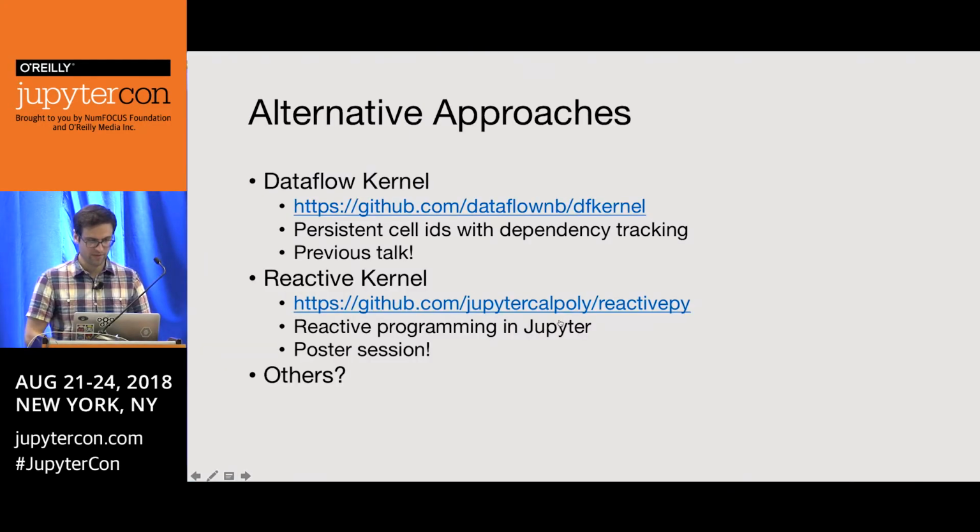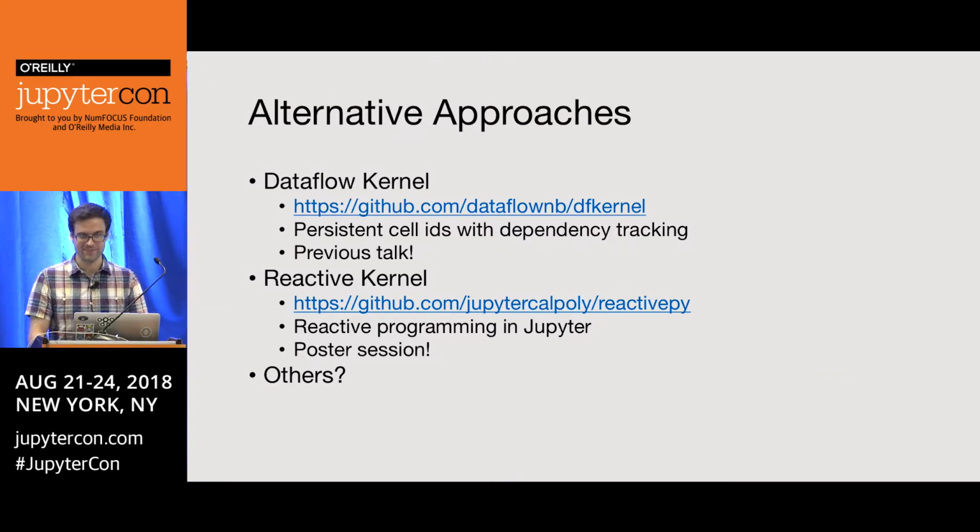So now I'm going to talk a little bit about some alternatives and future work. If you were around for the previous talk, the data flow kernel has some very similar goals. It implements persistent cell IDs with dependency tracking, and also has a lot of other features that I learned about in the previous talk as well.